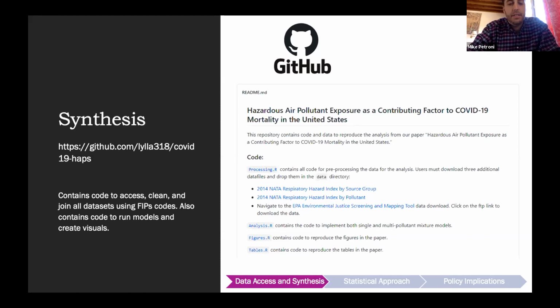You can run through the code, it's got links, and it will draw the data down, it will curate it, it will clean it, and it will run the models and create the charts. So it's a great learning resource as well, as a nice way to update your study when you get feedback from reviewers.